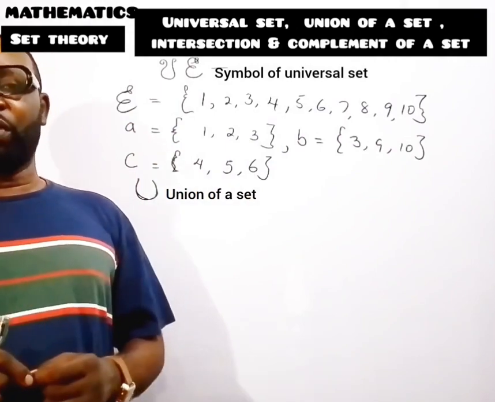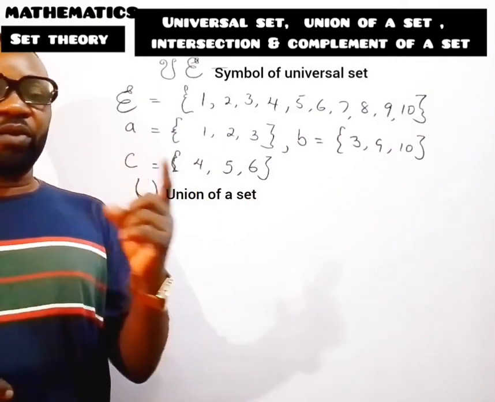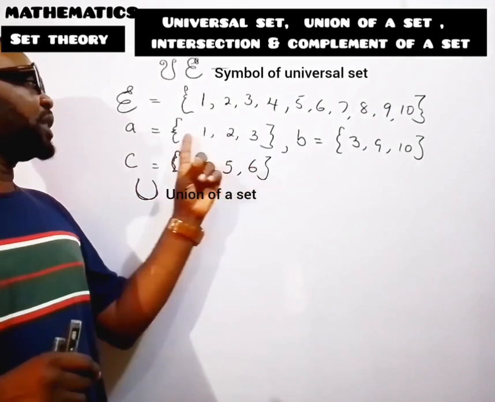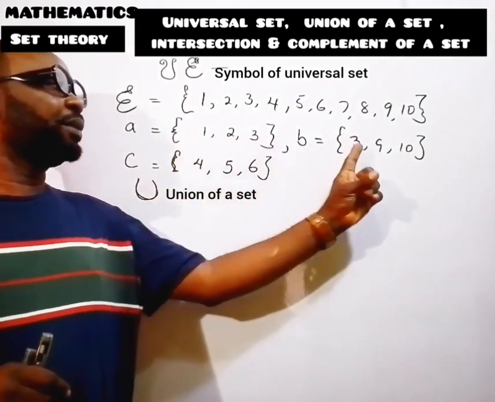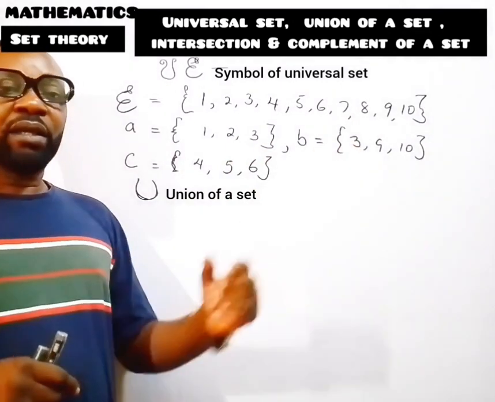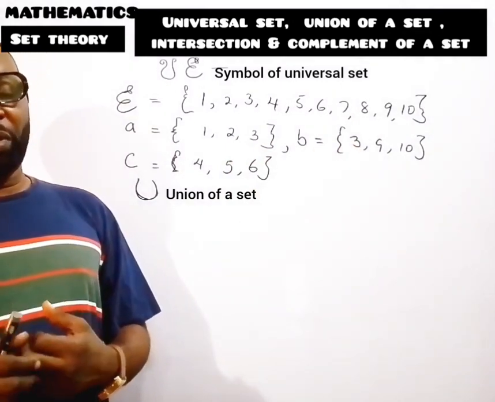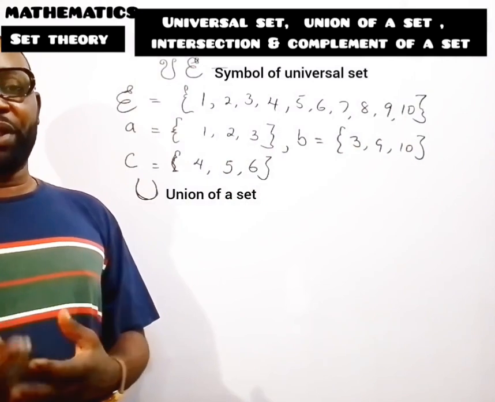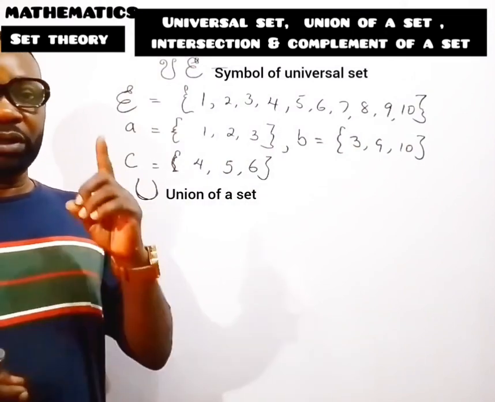But take note of one thing. If a particular value, for instance, if you are talking about A union B, you can see that we have 3 here, and we have 3 here. Only one of them is going to be made use of. You must not repeat it more than one time.